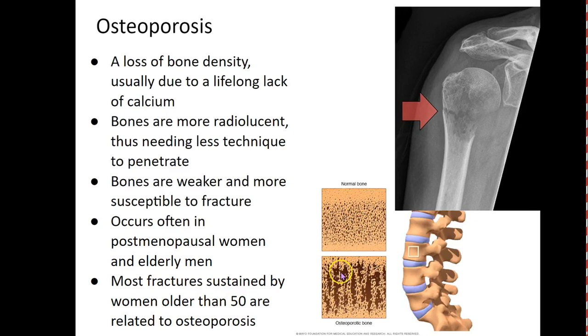Remember, a bone with osteoporosis is not going to be as stable and as dense. So osteoporosis is important for us because, number one, we can use less technique. We don't need as much technique to penetrate through bones that have osteoporosis. And again, it can lead to fractures, particularly in our older men and women.